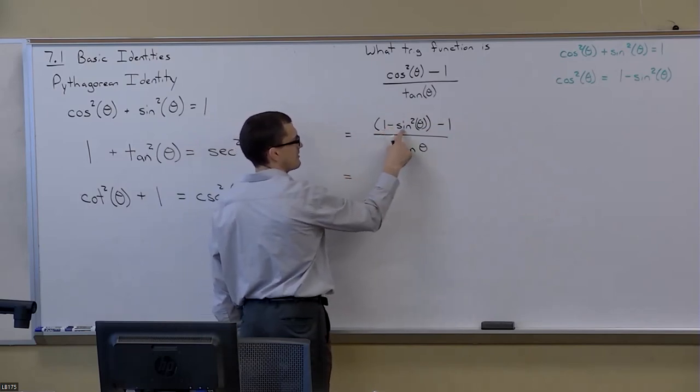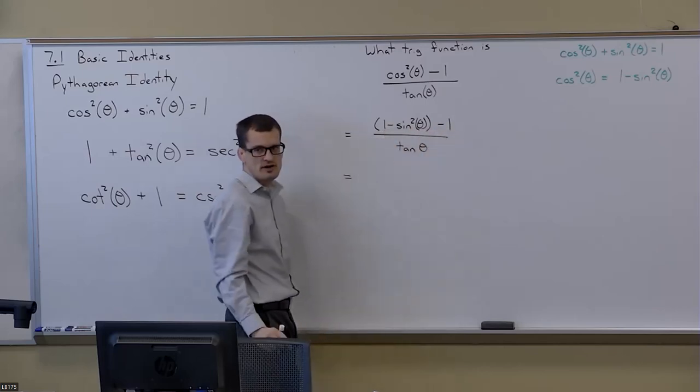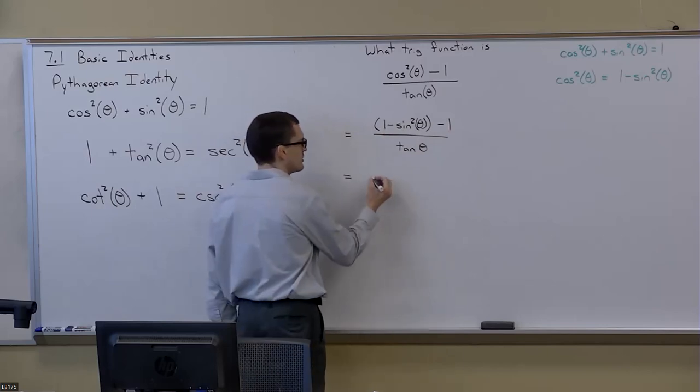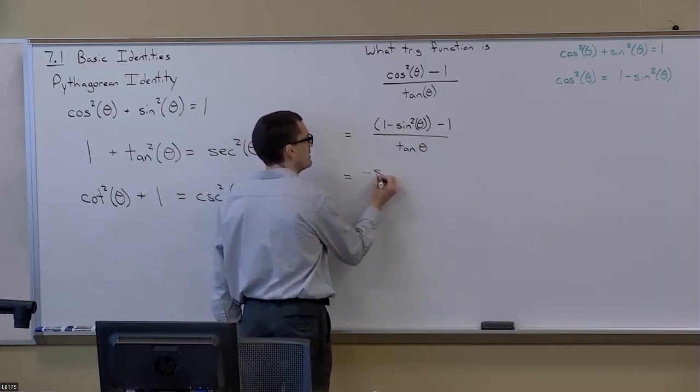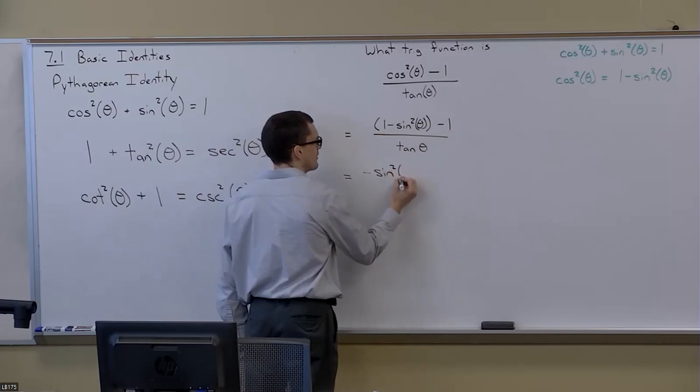One minus sine squared minus 1. This 1 and this 1 will cancel each other out, and I'll just be left with negative sine squared on top.